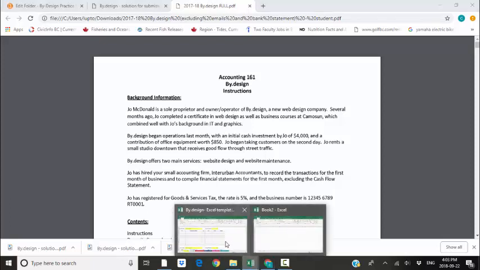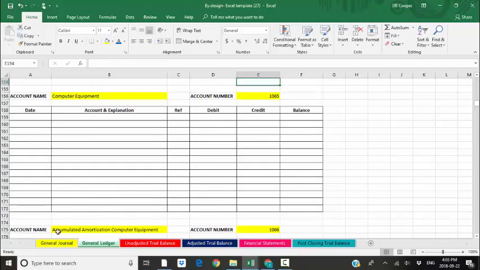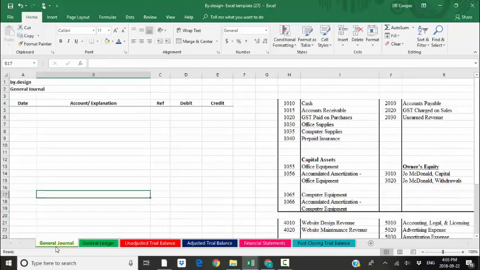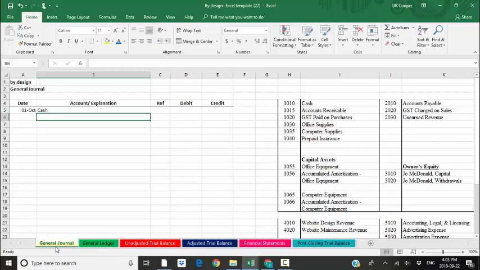So I'm going to go to my spreadsheet. I'm going to go to my general journal, and the first day is October the 1st. And I'm going to put my debit entries first, and I know cash is going to increase. And I know office equipment is going to increase.